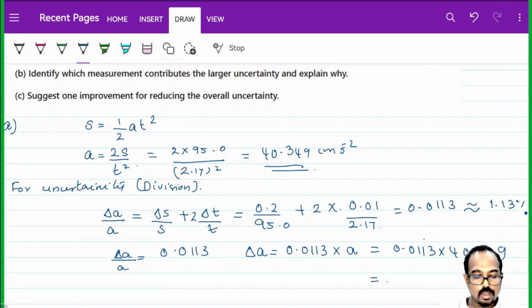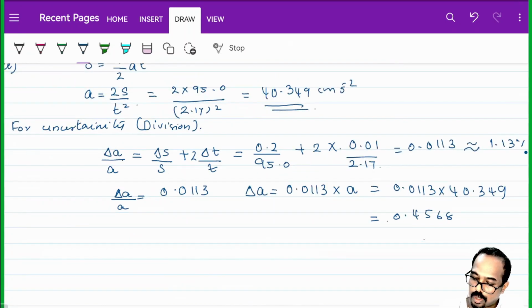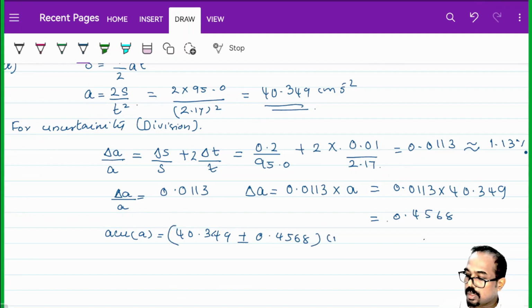You will get the absolute uncertainty as 0.4568. So you can represent the acceleration a equals the average value 40.349 plus or minus the absolute uncertainty 0.4568 centimeter per second square.